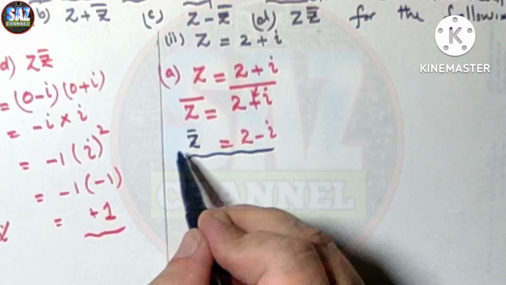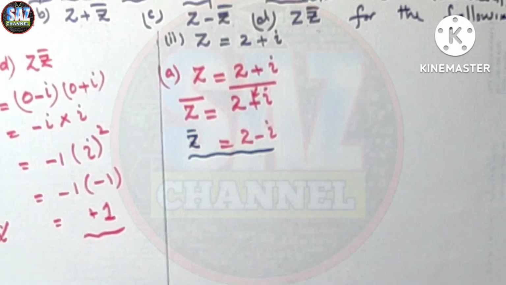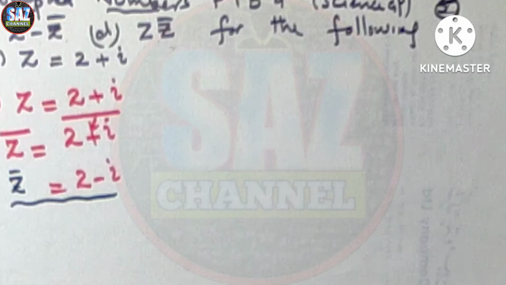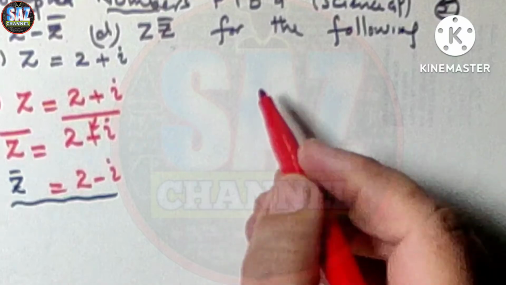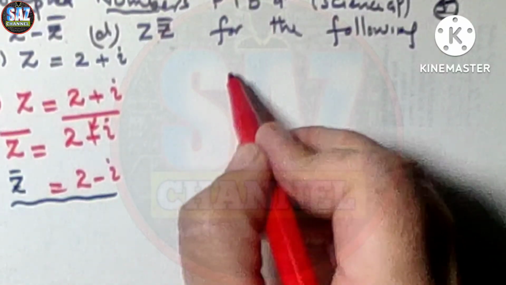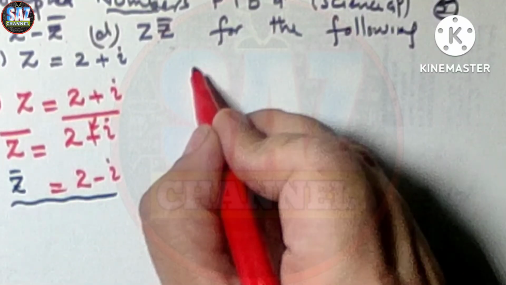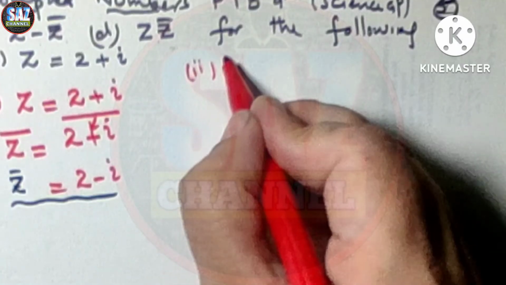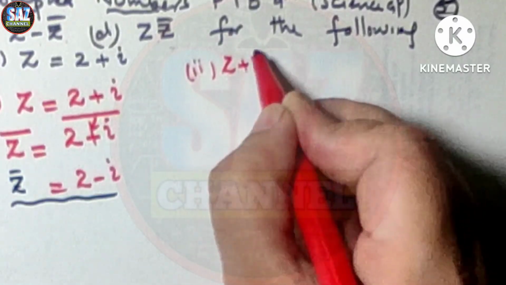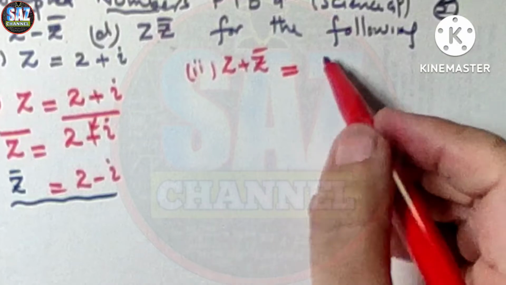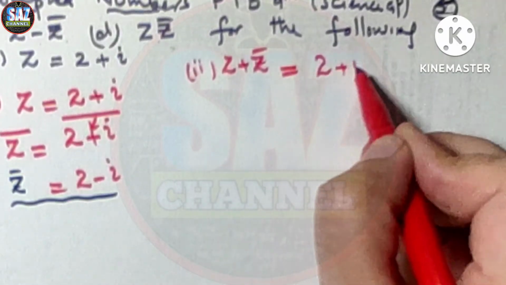Okay, and then moving to the second part, that is z plus z bar. Z with us is 2 plus iota.